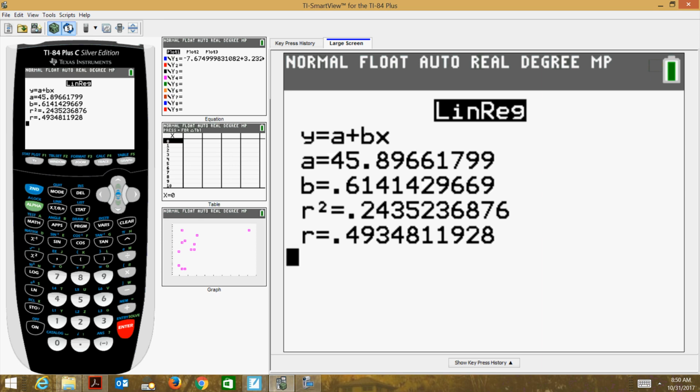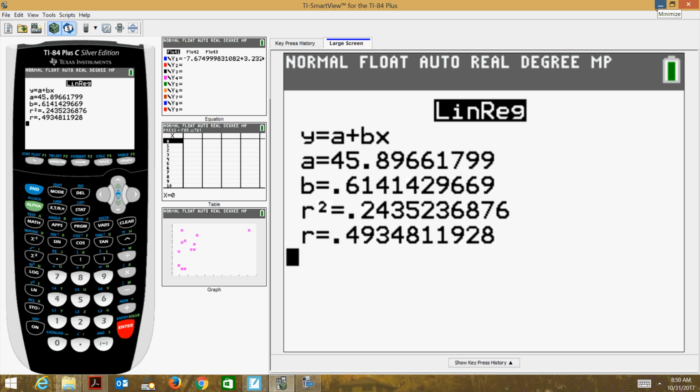Then here's what we know. We know what the slope and the y-intercept mean in terms of this problem. And we also know what the correlation coefficient tells us. It tells us that we have a weak positive relationship between these two variables. So there's a weak positive relationship between the age of bears and the weight of bears.